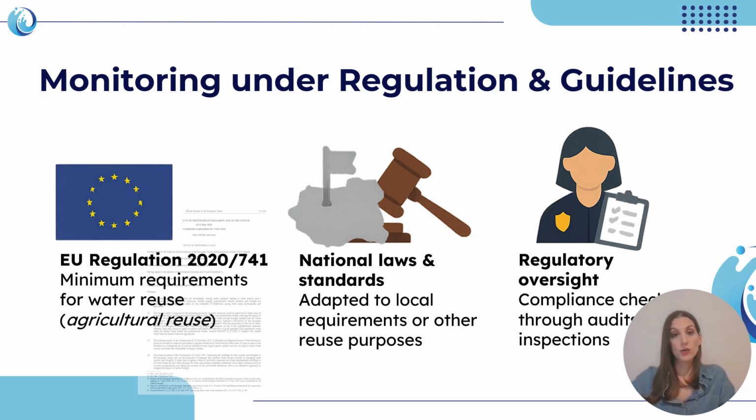Furthermore, at the national level, authorities may introduce additional requirements or adapt existing ones to local conditions, for instance, depending on crop type, irrigation method, or reuse purpose such as industrial or urban applications. Finally, these requirements are enforced through regulatory oversight, with authorities ensuring compliance through inspections and audits to keep monitoring systematic and reliable.